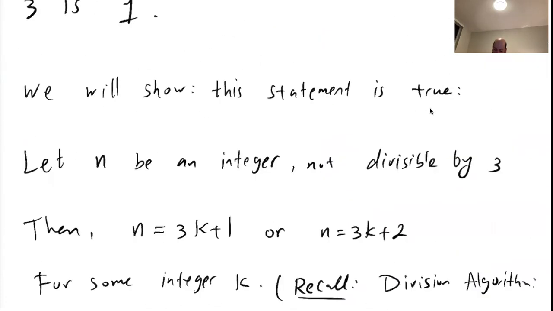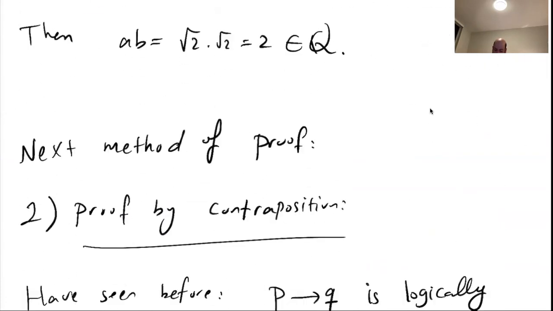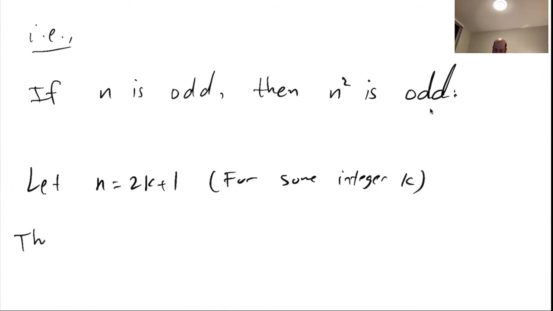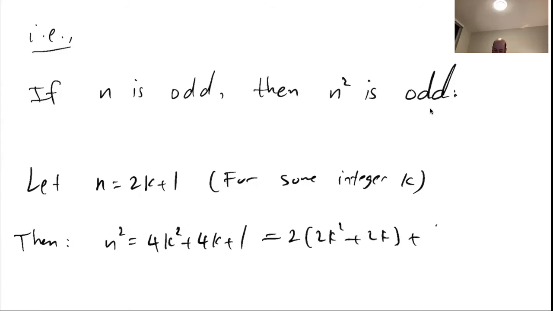So let n equal 2k plus 1 for some integer k. Then n squared will be 4k squared plus 4k plus 1 equals 2 times (2k squared plus 2k) plus 1.